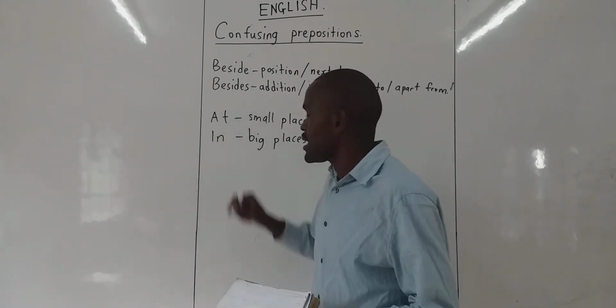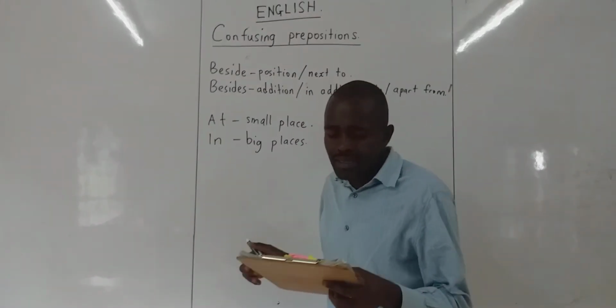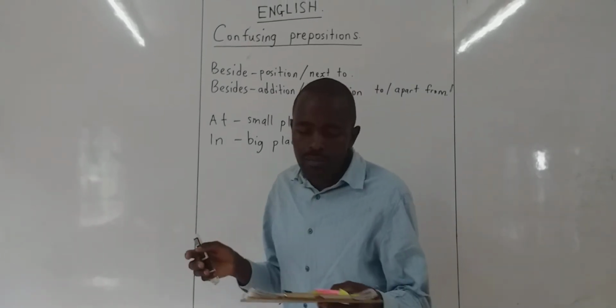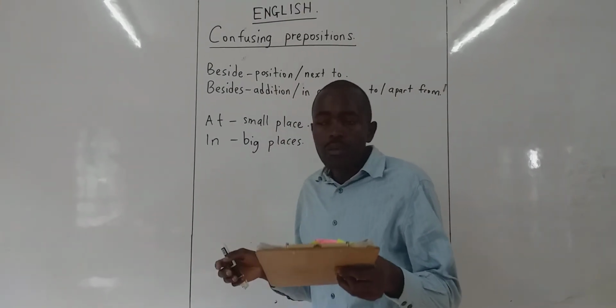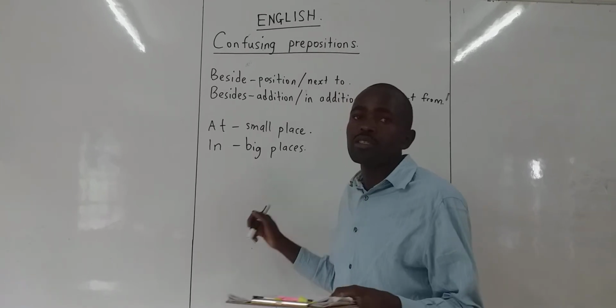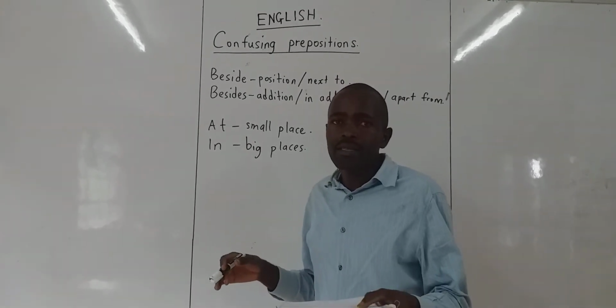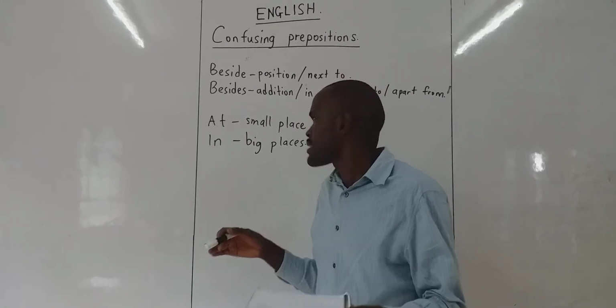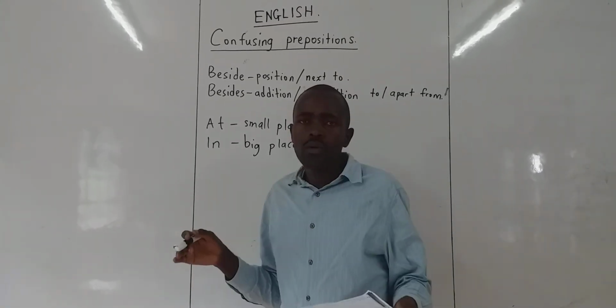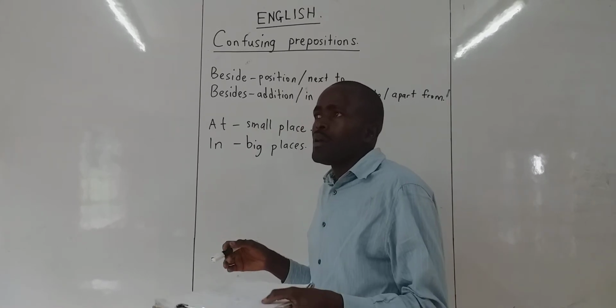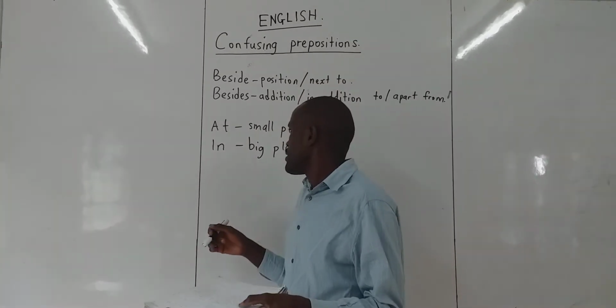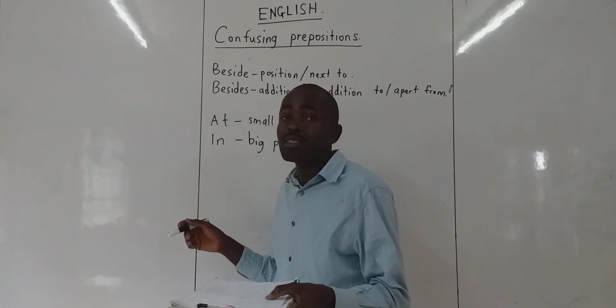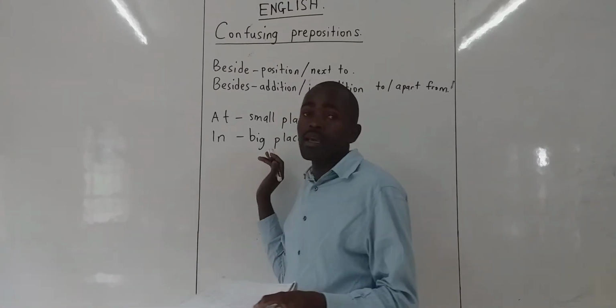While if you use in, it means big places, for example towns and cities. Let me talk about a big town like Nakuru. I can say he lives in Nakuru, not at Nakuru, because Nakuru is a big place.